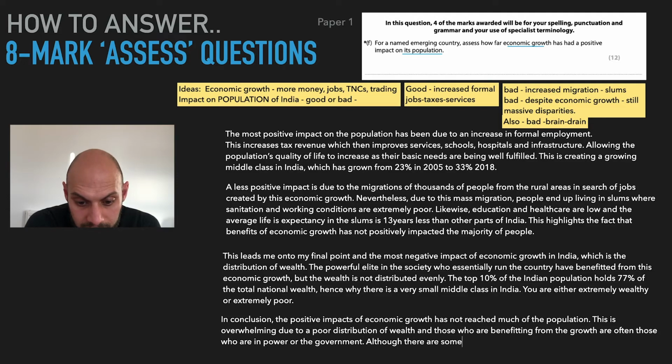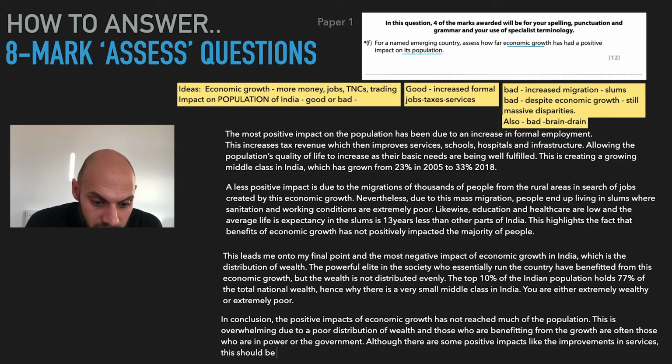Although there are some positive impacts, like the improvements in services, this should be increased and on a bigger scale.